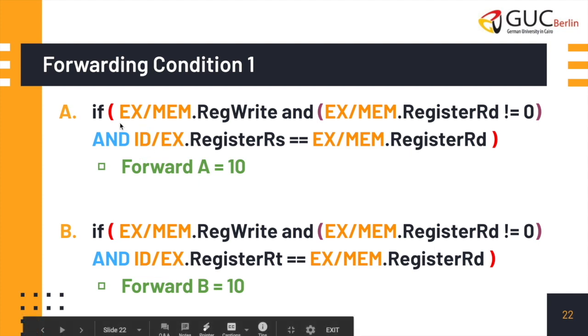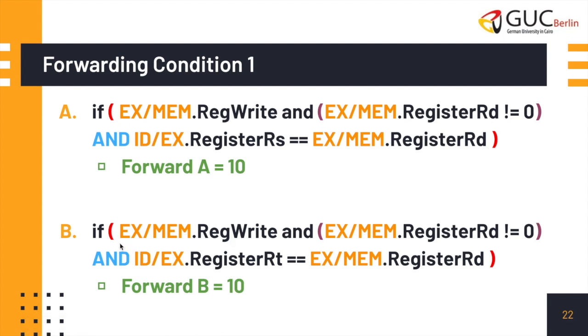Therefore, the only addition I added was the first line in 1a and in 1b, making sure that the regwrite is 1. Writing if ex/mem.regwrite alone means that the regwrite is true, which is not 0, it is 1. And I'm making sure register RD is not register 0, and register 0 is numbered 0. If you remember the numbering of the registers, register 0 is equivalent to register number 0.